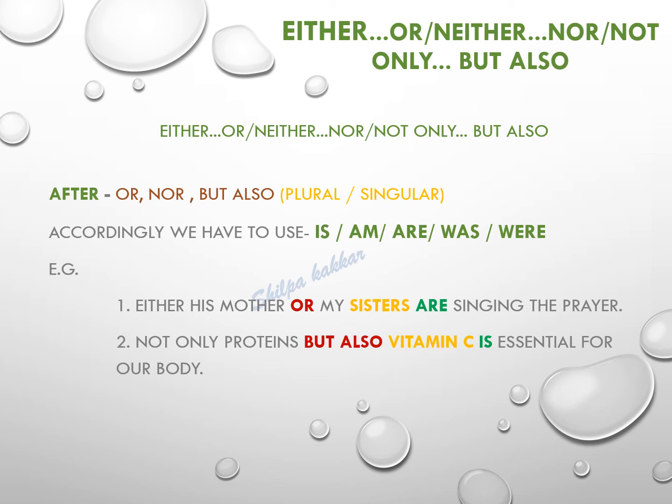Now let us see an example for better understanding. Either his mother or my sisters. Here, see, or my sisters. Sisters is plural. So we are taking the helping verb are, singing the prayer. Second sentence, not only proteins but also vitamin C is essential for our body. Here again, we are looking at the thing after but also.